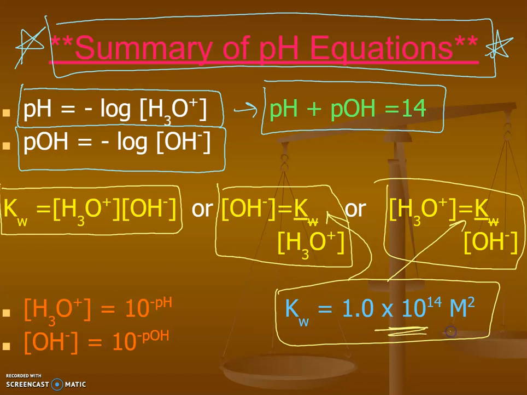This Kw expression is a constant and can help you get from the concentration of one thing to another. And then obviously we can go backwards and forwards when it comes to our concentrations and our pHs. So you see that these guys are the opposite of those guys going with the antilog.